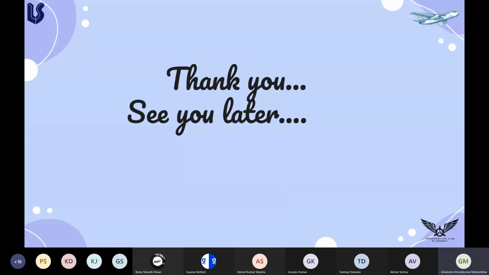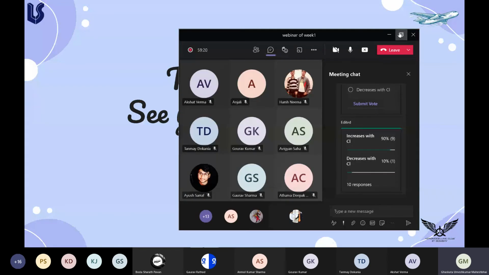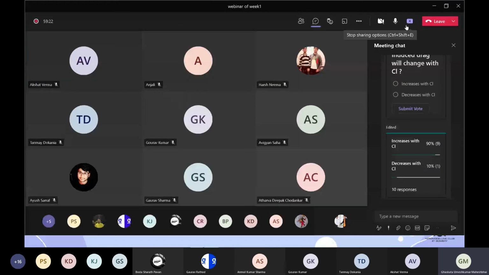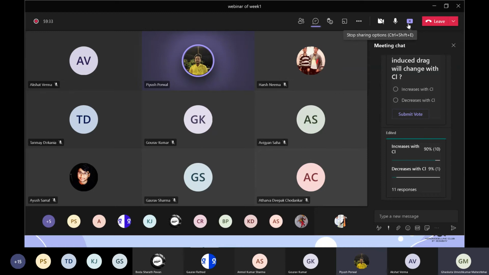Okay, so this is all from our side. Now we have a short demo of XFLR5. If anyone has any question before, they can ask, else we can move on to the XFLR5 part. If you have any questions, you can ask or write in the chat box.